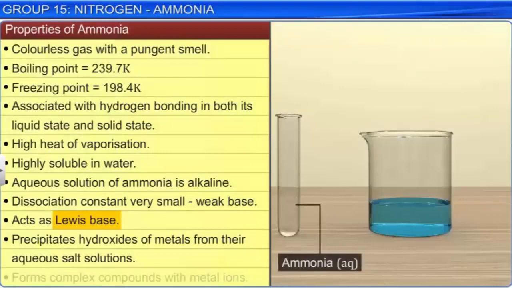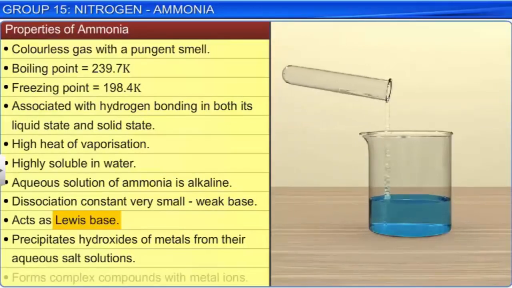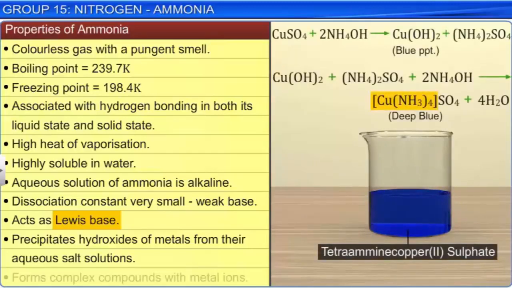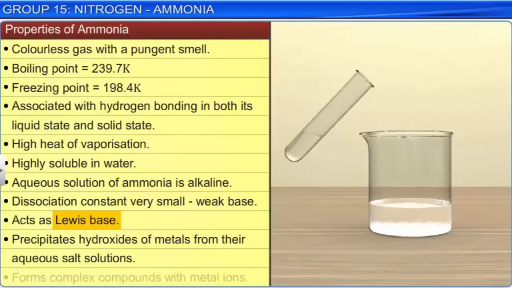An aqueous solution of ammonia combines with copper sulfate solution to form a deep blue color. The deep blue color is due to the formation of tetraamine complex. Similarly, the formation of a colorless diamine complex of silver ion is shown here.